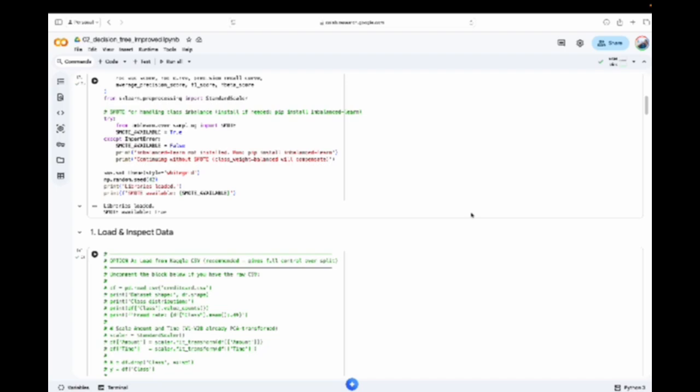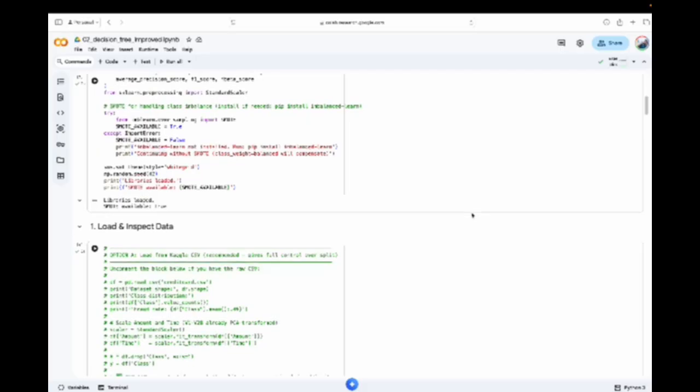One major issue in the original version was improper train test split. So I fixed it by using stratified splitting, ensuring both training and testing datasets contain a proportional number of fraud cases. This is critical because fraud data is extremely imbalanced.